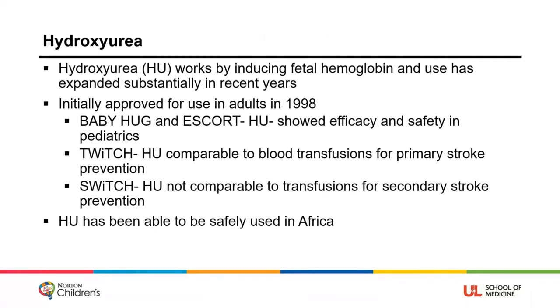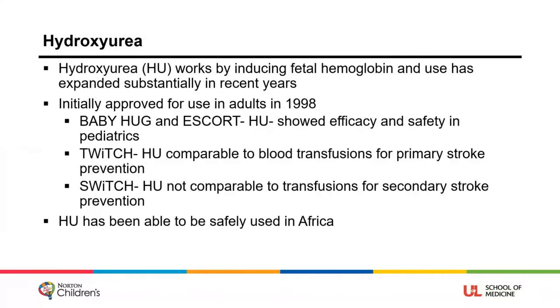In the European study, the rate of VOC episodes was reduced from 2 in the 12 months prior to 0 during the 12 months of treatment, and the number of hospitalizations was reduced from 2 to 0 in the same time frame. Both of these studies of hydroxyurea in pediatric patients were published in 2017.